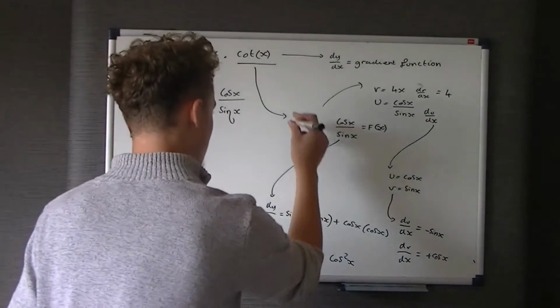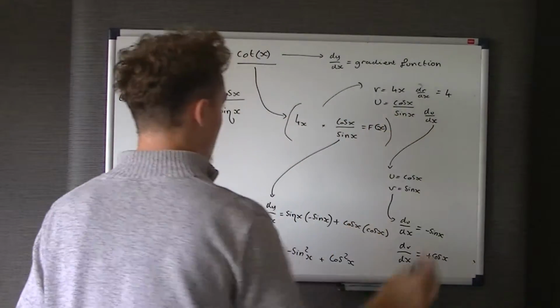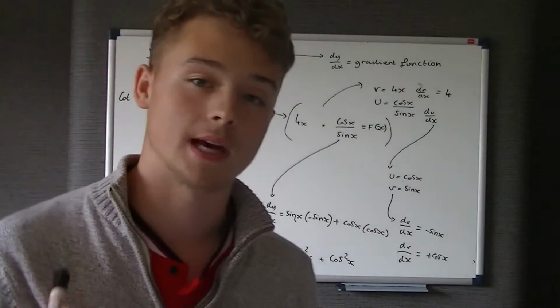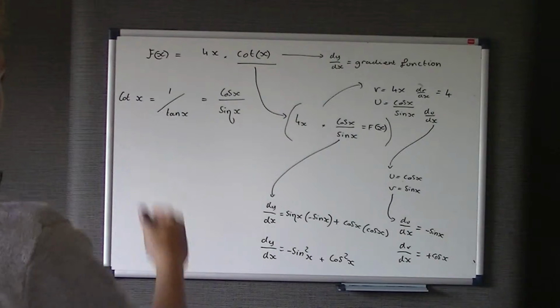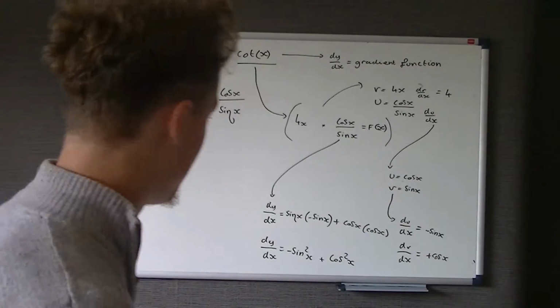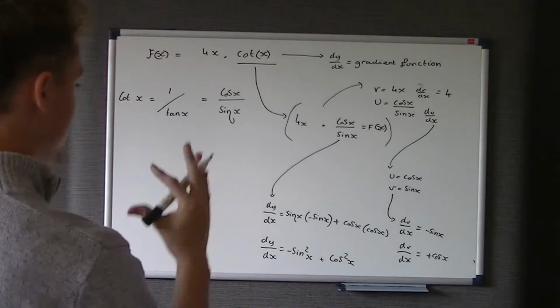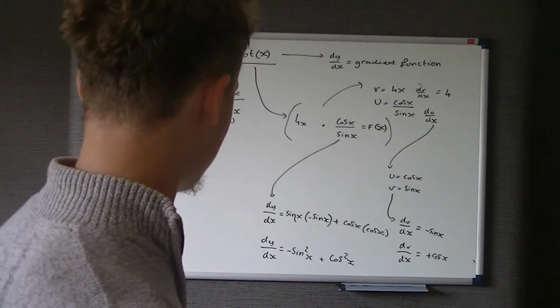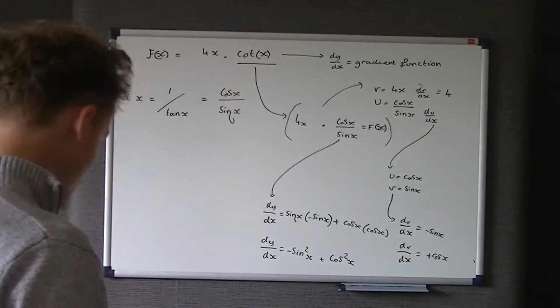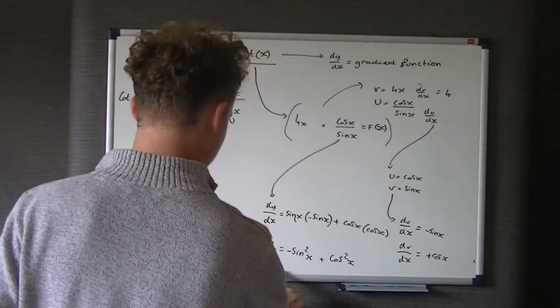So we can go back to our original headache of 4x plus cos x over sin x, and we still need to do the differential of the whole thing and make that equal to 0, and all we've done so far is the differential of the second part of the original equation. Obviously we could simplify that down.